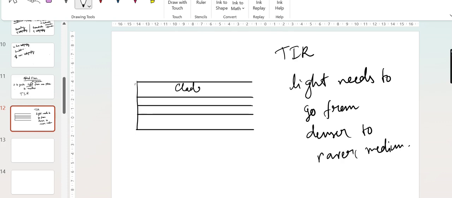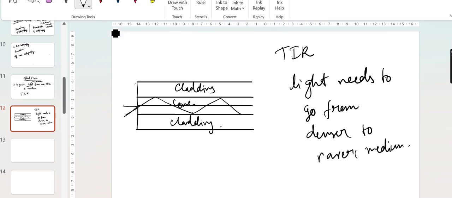So this is the cladding. This is the core basically. This is the axis basically. Cladding, so the light enters like this, then goes like this and this and this.